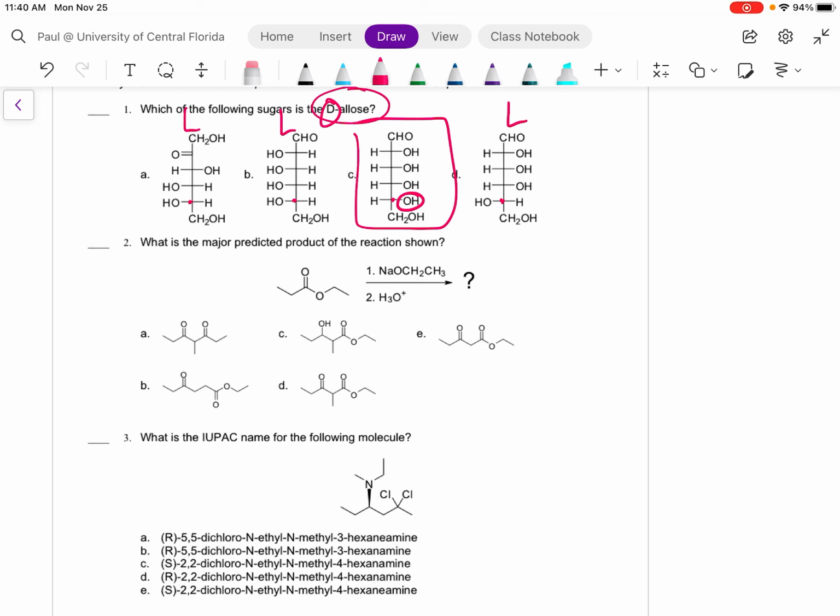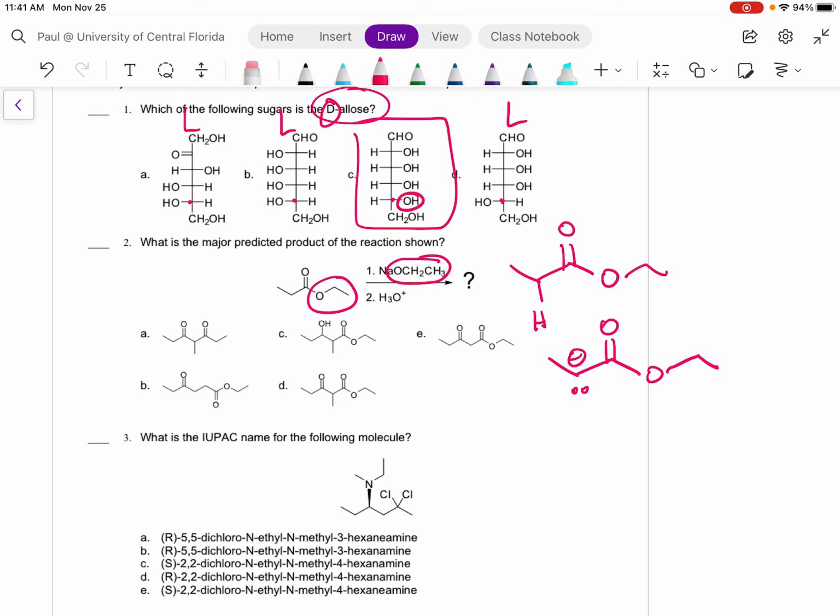We have an ester. We have our base. And you see that that base matches that piece. That's very, very important. That allows the reaction to abstract this alpha proton right here. And then when that abstracts that proton, you're going to get this intermediate right here.